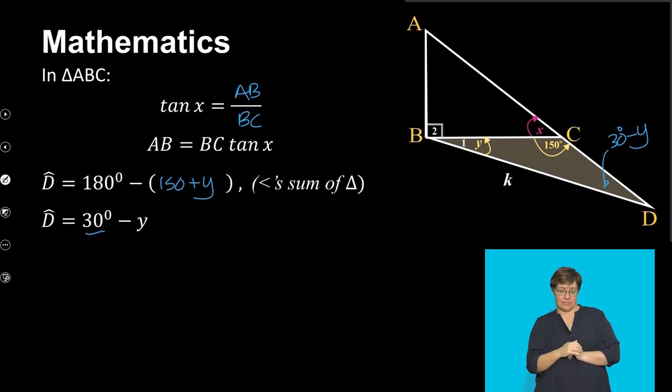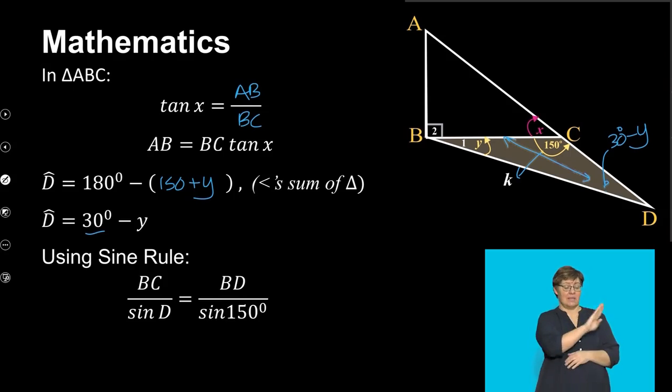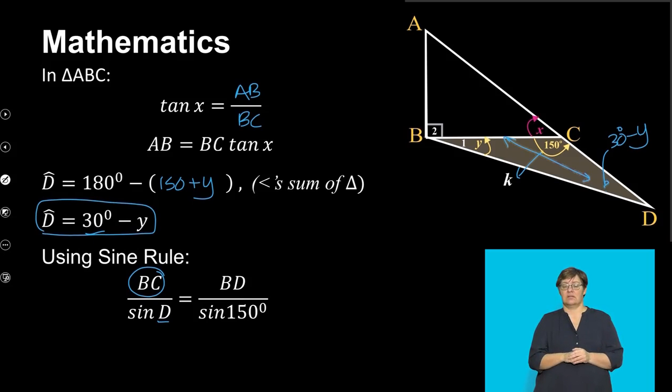Now we're going to use the sine rule because we have that full pair and we want to find BC. We begin with BC because that's what we have to find, so we have BC in the numerator. So BC over the sine of the angle across it, which is D, the angle we've just found. The other full pair that we have is BD, this side here, and the angle across it, so BD over sine of 150.